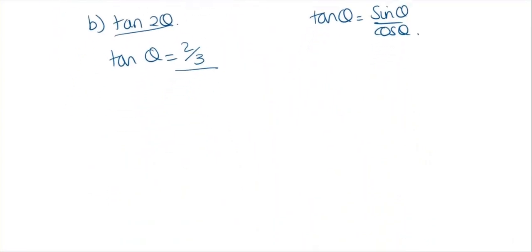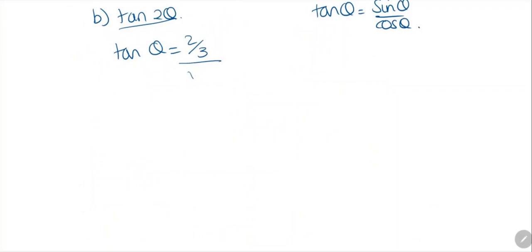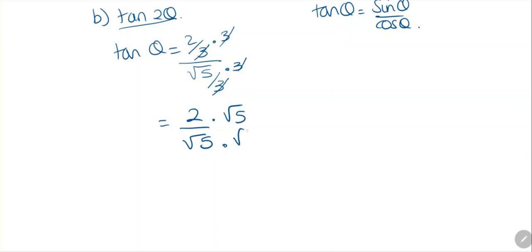So we're going to use root 5 over 3. We can multiply both by 3, which will simplify, and this leaves us with 2 over root 5. If I rationalize the denominator, this will leave us with 2 root 5 over root 25, which simplifies to just 5. So tan theta is 2 root 5 over 5.